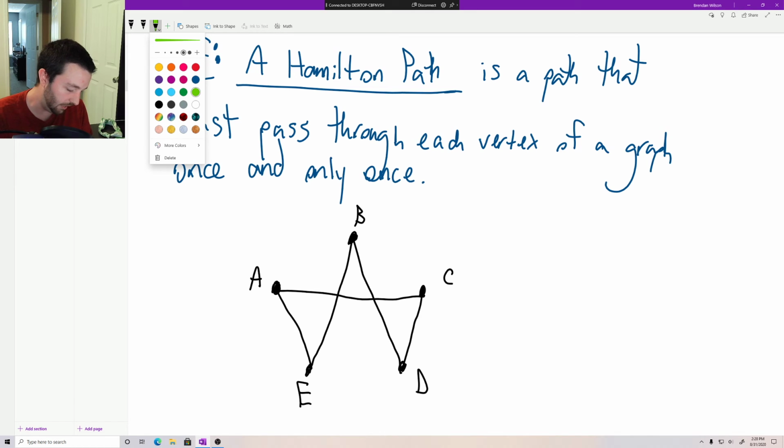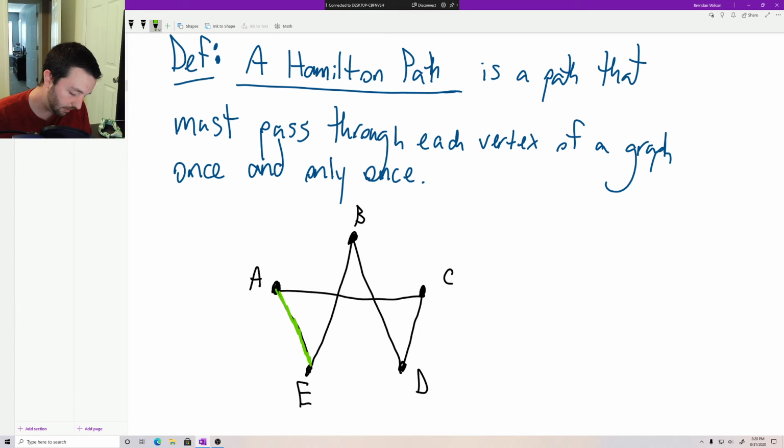Okay, so if we start at A for a path, let's say we go down to E, up to B, down to D, and up to C. Okay, so it's pretty straightforward. You just basically try it, and it works out pretty nicely for this one, just because it's set up to work nicely.